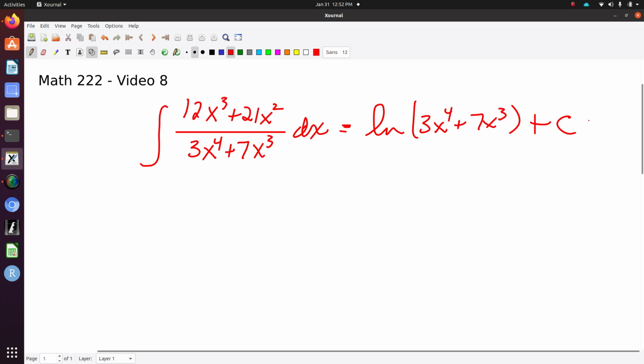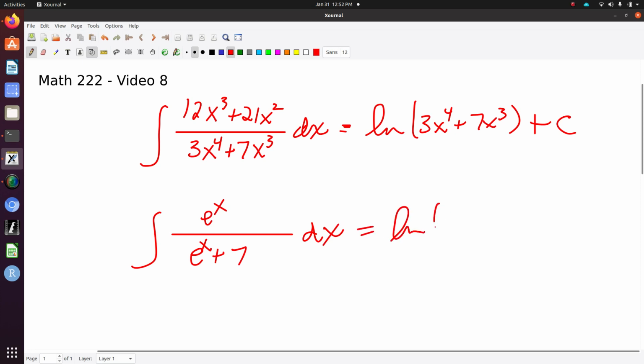You're combining the chain rule with the natural log derivative, and you end up with elephant prime over elephant. Just recognize that as a whole separate type of question, like a get out of jail free card. So you have things like e to the x plus 7 over e to the x. It looks really scary, but it's just elephant prime over elephant. So you realize that the answer must look like this, and it saves you a lot of grief.